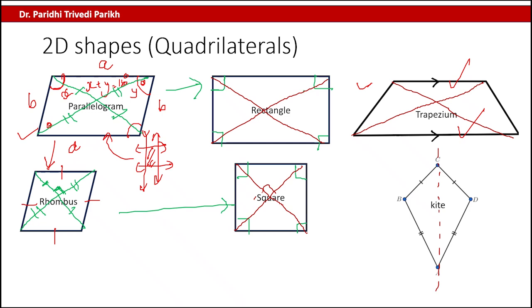Now, if this is one diagonal, the other diagonal intersects, both the diagonals intersect at 90 degree, but they do not bisect each other. So that's what is very, very important to remember. In kite, this side shall be equal to this side and this side shall be equal to this side. So these are the basic understandings about the 2D shapes of the quadrilateral.